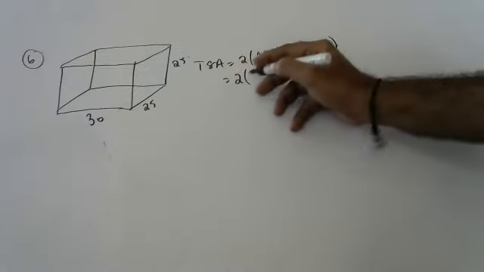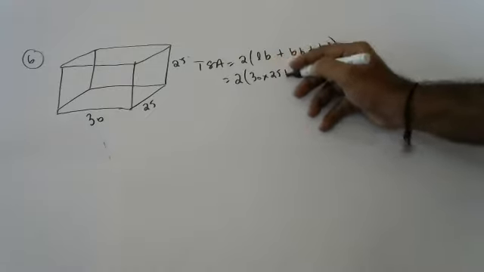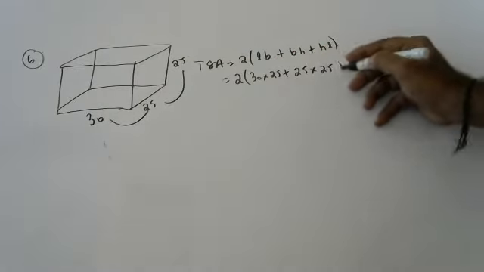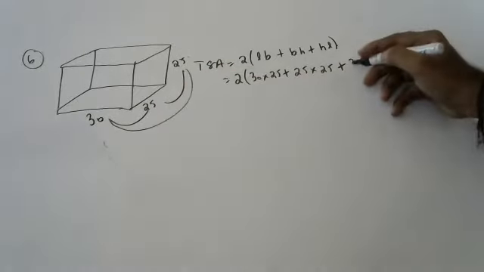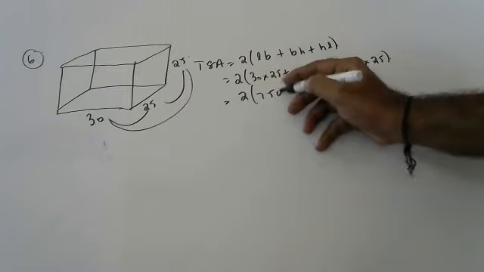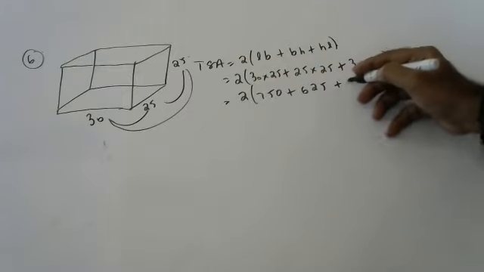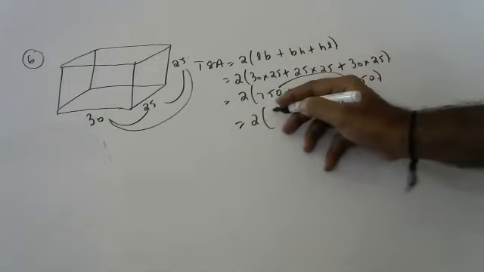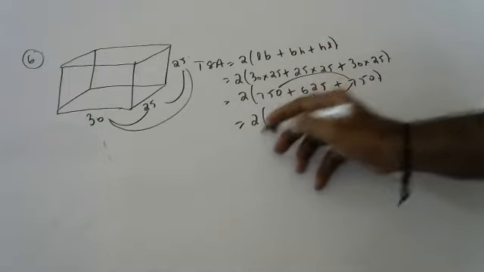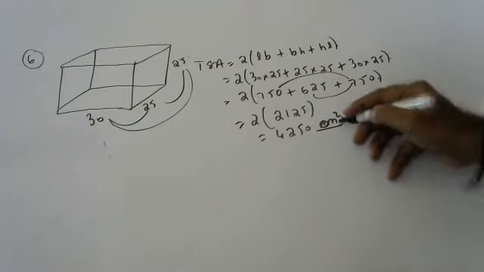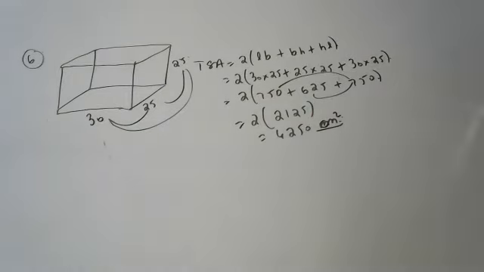Can anyone tell the substitution? 2 into 30 into 25 plus 25 into 25 plus 25 into 30. 750 plus 625 plus 750. So 4250 centimeters square is the area of the glass required to make this greenhouse, children.